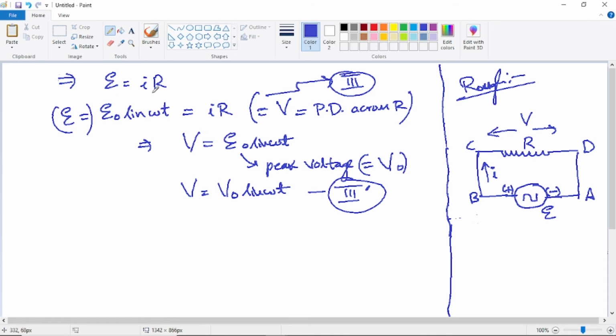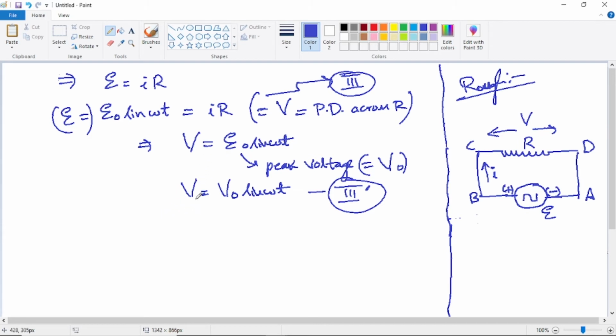Then that is written in a slightly different manner, substituting the actual expression for E. Equation 2 has become this, and in another way the same equation 3 is written as equation 3 dash. Now from this, substituting IR here, whatever things we are seeing here are simple, nowhere is any complication there.